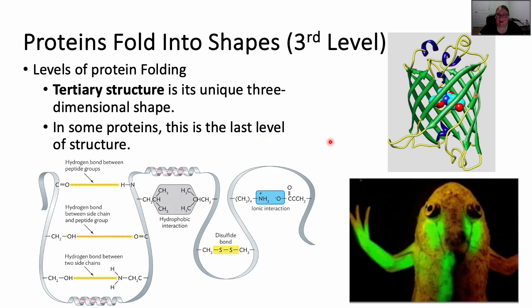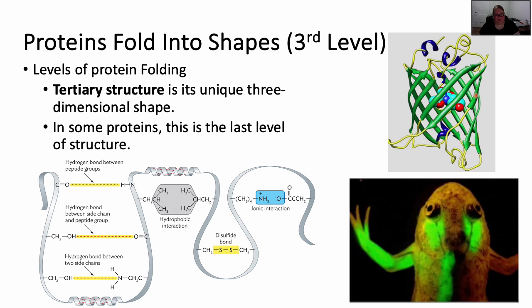We can take GFP and attach it to other proteins and inject it into frogs or mice or other animals. Zebrafish also have GFP, and we can make them glow in the dark, which is kind of cool. But GFP is an example of a protein that stops at the tertiary structure.